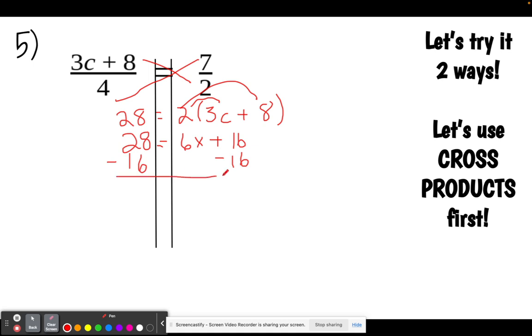And I get 6c equals 12. There are quite a few steps here, but nothing has been terrible so far. Divide 6, divide 6, and I get c equals 2.